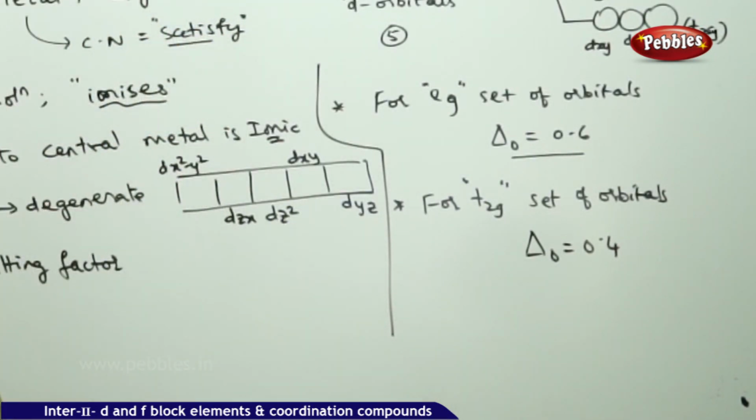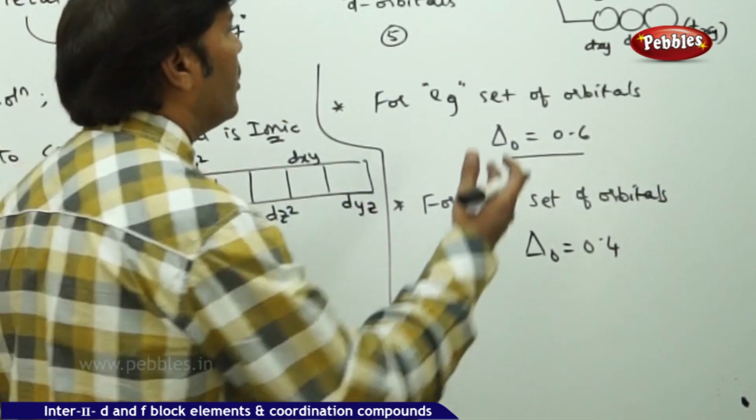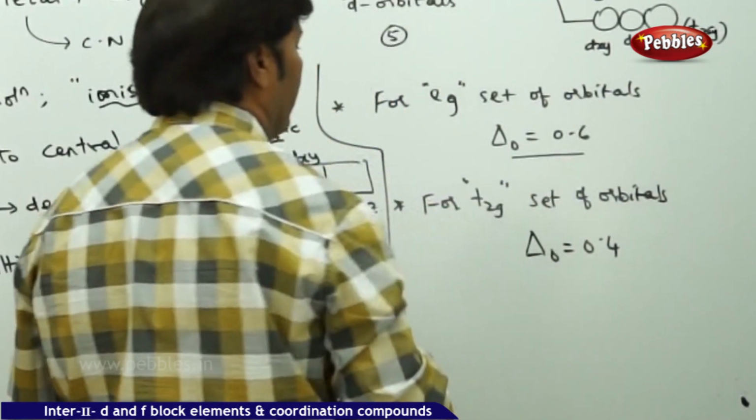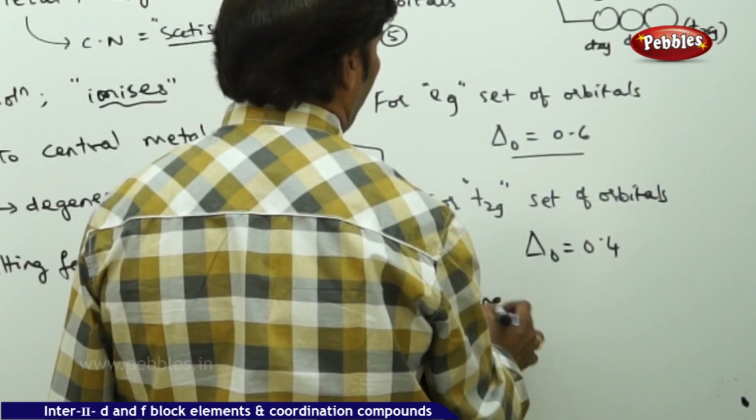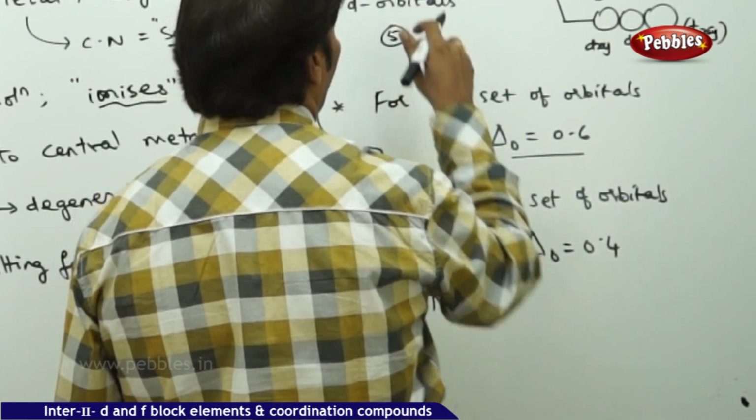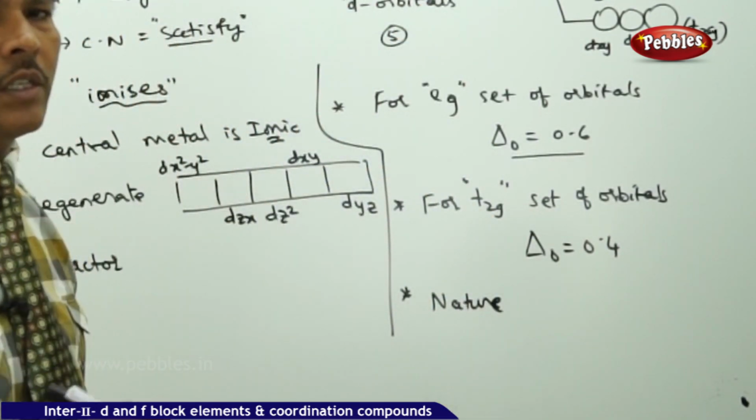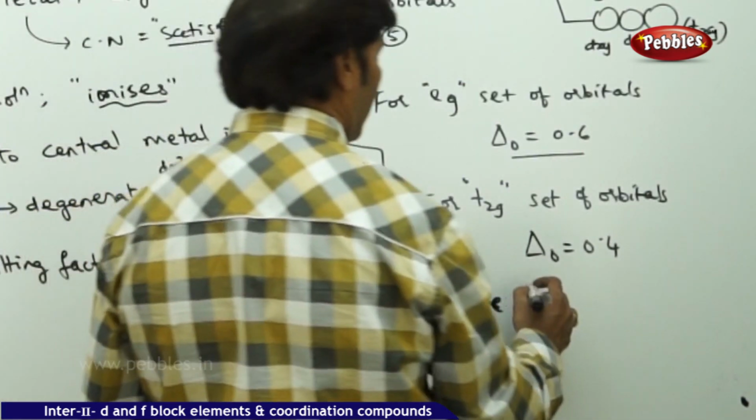So this kind of splitting of the d orbitals in the metal complex again depends upon the nature of ligands.